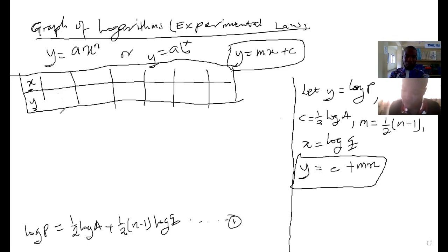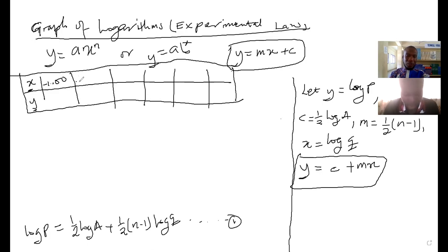Okay, so log q, for the first value of q, which is 0.10, its new value is -1. Maybe to two decimal places, so let's do -1.00, because of two decimal places.